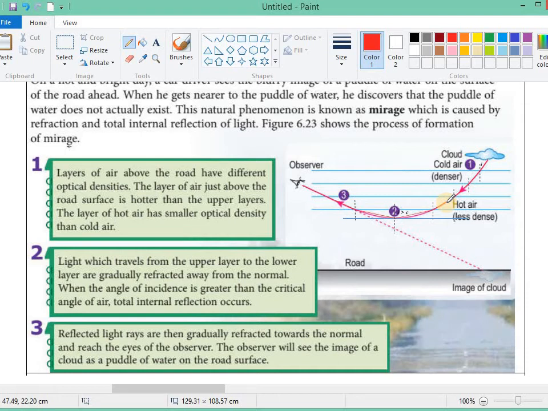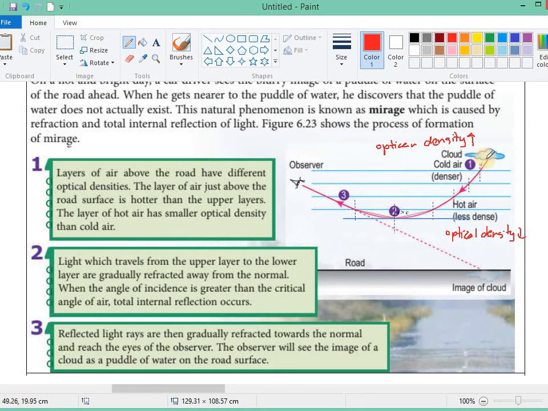Hot air is less dense and cold air is denser. So the hot air has lower optical density. Cold air has higher optical density.